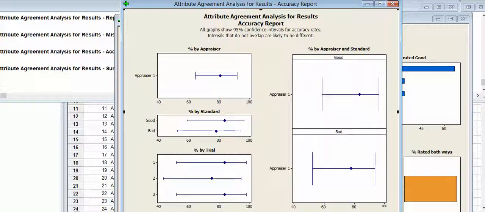If we look at just the good calls, 83%, and the bad percentage is 77.7%. So all these calculations are similar regardless of whether it's done in Excel or Minitab. Definitely Minitab will do better graphics, and the calculation would be a lot easier.